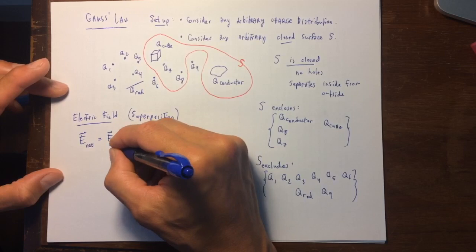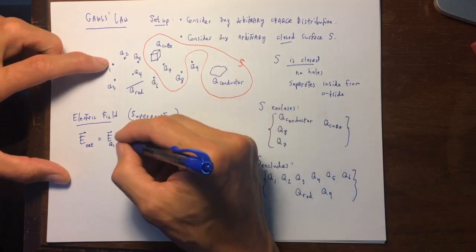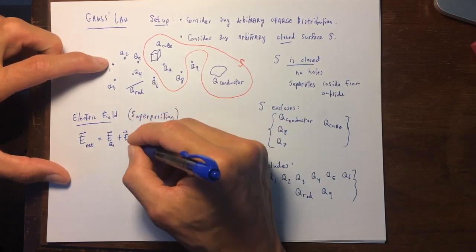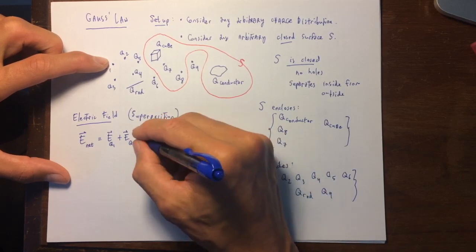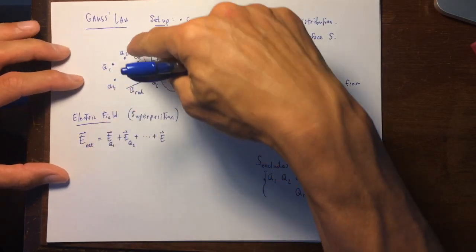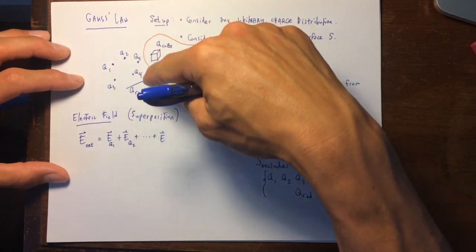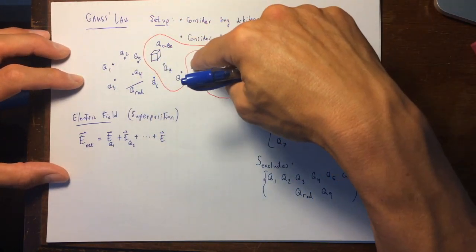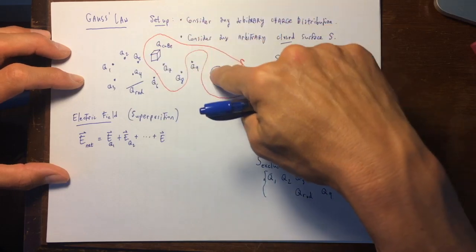It's the electric field of charge number 1 plus the electric field of charge number 2 plus dot dot dot, all the way up, right? 2, 3, 4, 5, 6, 7, 8, 9, the rod, the cube, the conductor.